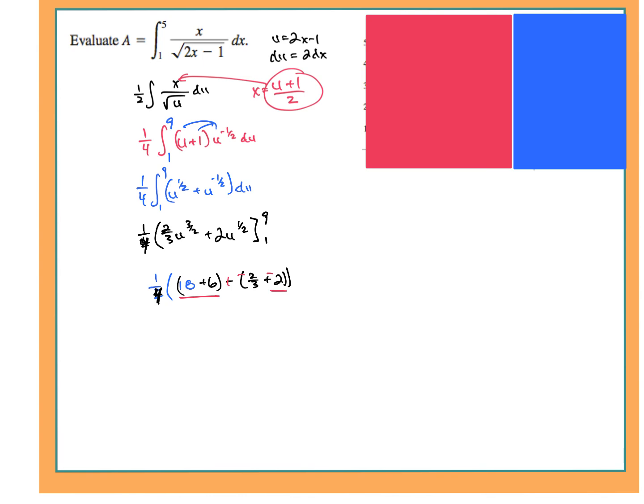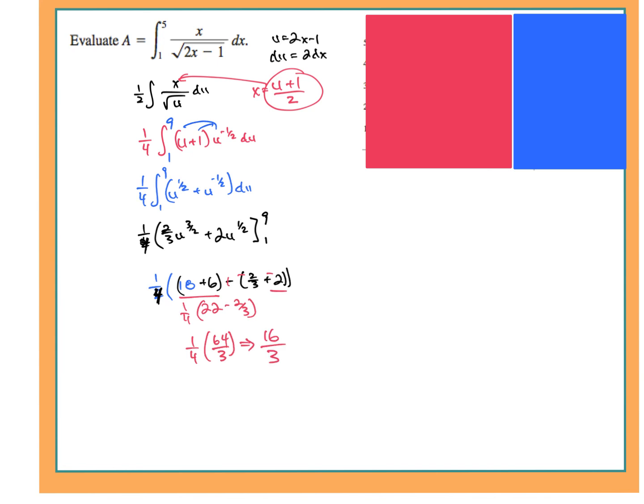22. So now I have 22 minus 2/3, and it's still times 1/4. What should I think of 22 as? 66 thirds. So then I end up with 64 thirds. 64 is also divisible by 4, so I end up with 16 thirds.